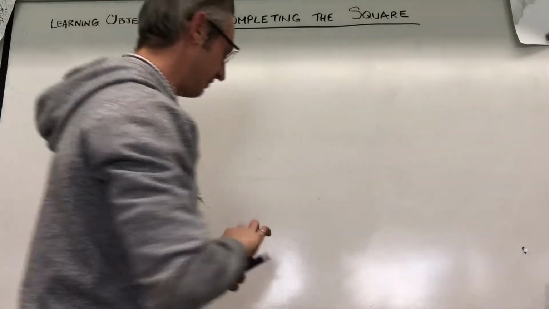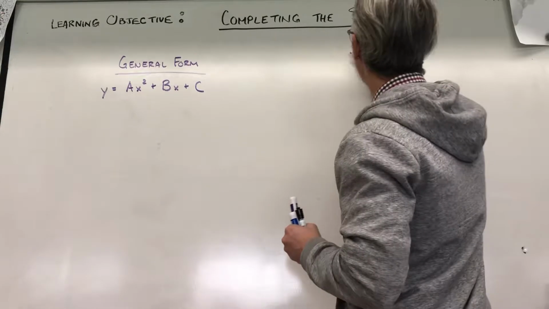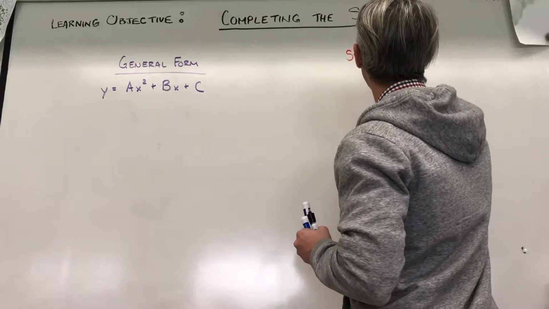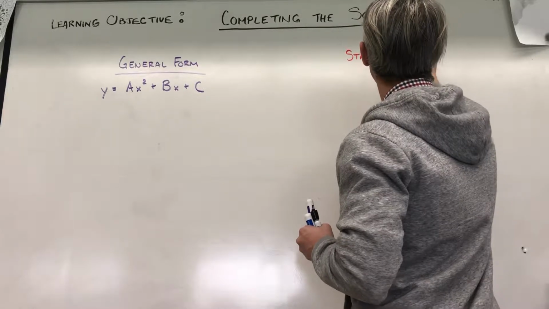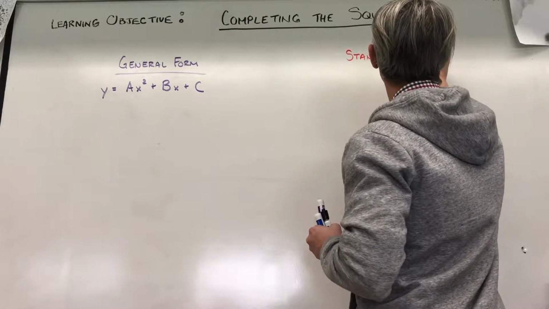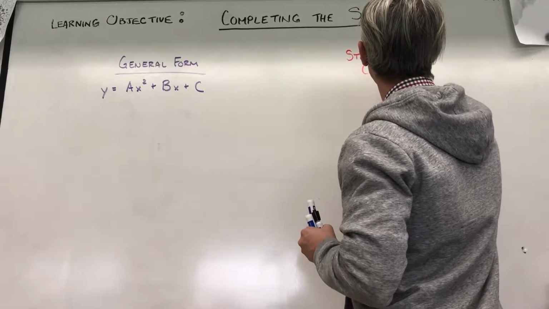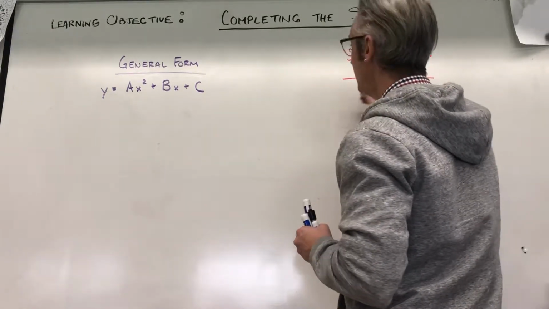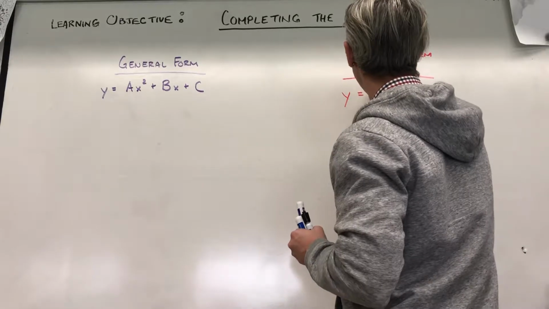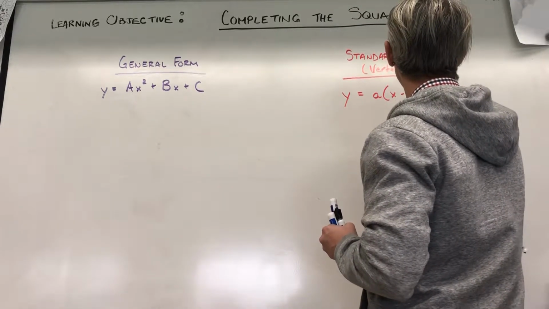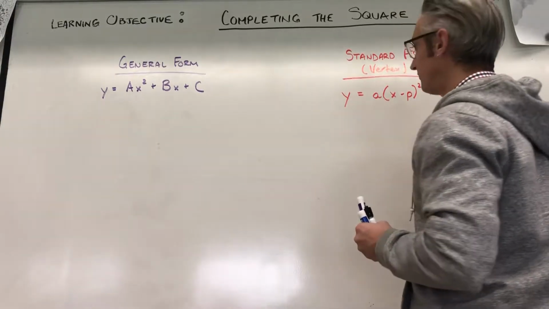And then we've also learned about our standard form, or vertex form, which is of the shape y is equal to a(x minus p) squared plus q.